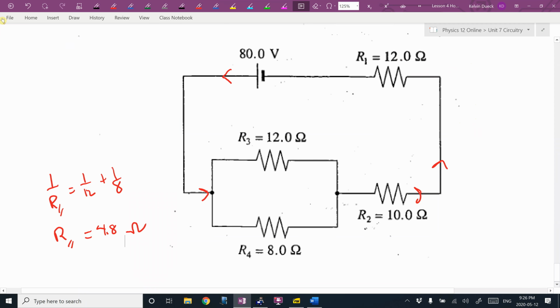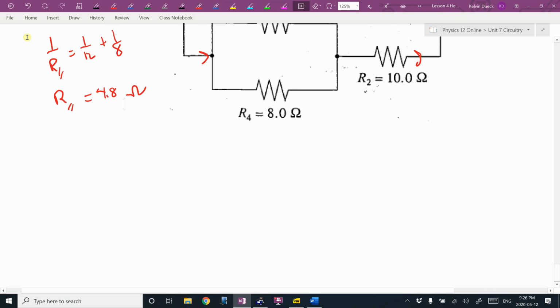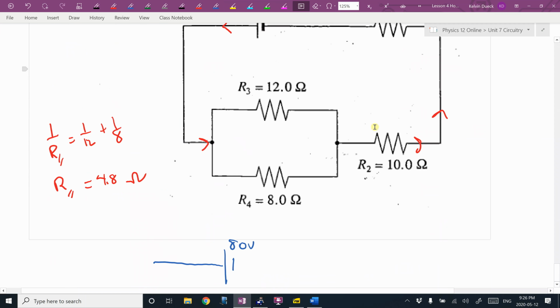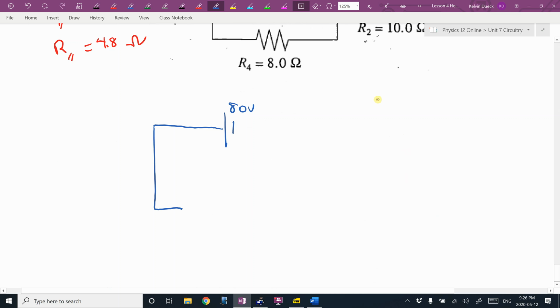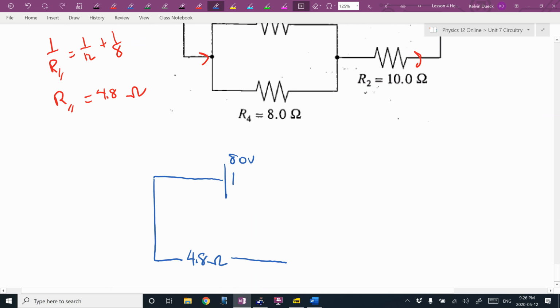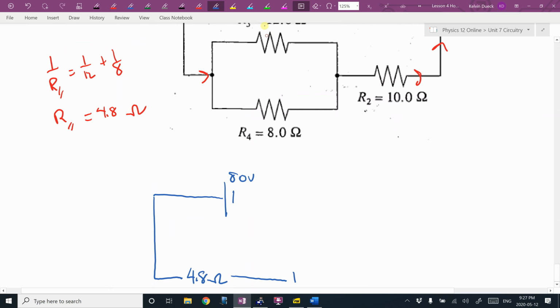So this circuit can be rewritten as an 80 volt battery, a 4.8 ohm resistor, and then a 10 ohm resistor, and then a 12 ohm resistor.